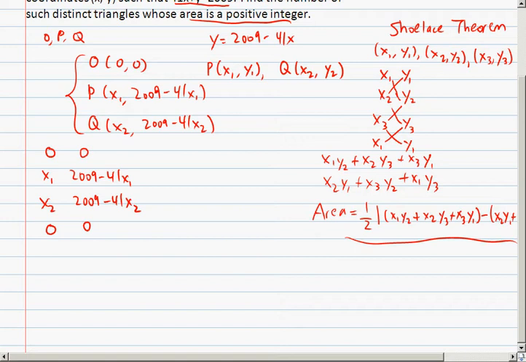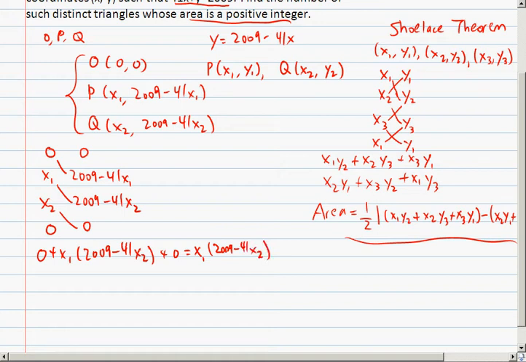Then we compute the diagonal products and sum them. So 0 times 2009 minus 41x1 is obviously 0, plus x1 times the quantity 2009 minus 41x2, plus x2 times 0, which is 0. So that gives us x1 times 2009 minus 41x2.